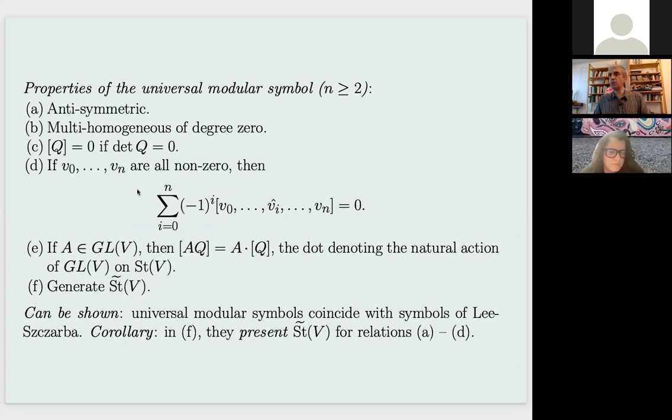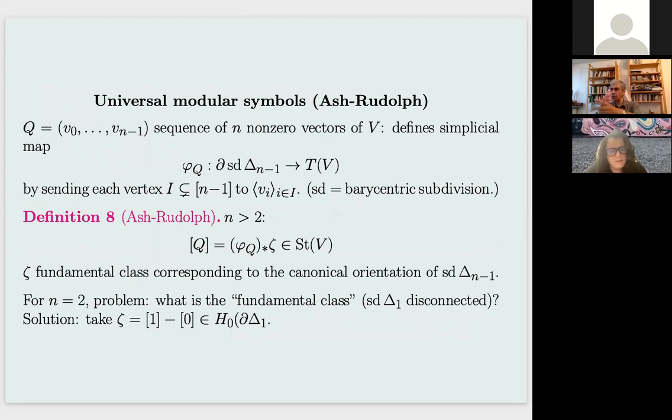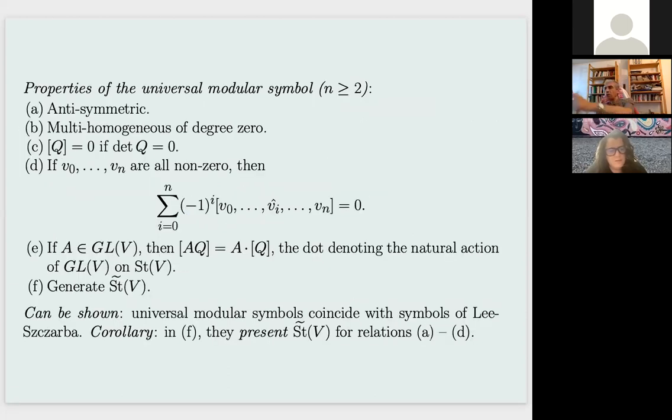And here's a list of its properties. First, it's antisymmetric in V0, ..., Vn. Then it's multi-homogeneous of degree 0. Then it vanishes if the vectors V0, ..., Vn are linearly dependent. And then there's this simplicial identity: if I take one more vector, and if these n minus 1 vectors are all non-zero, then this alternating sum is 0.